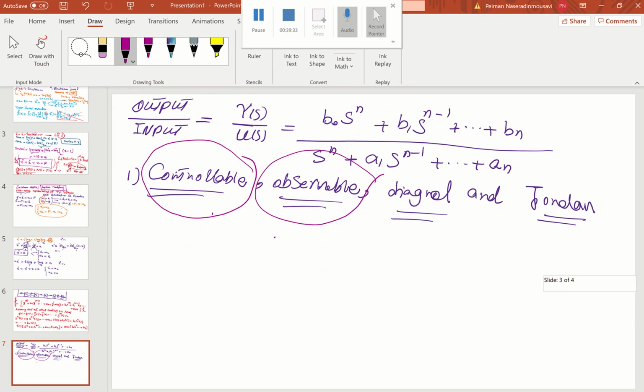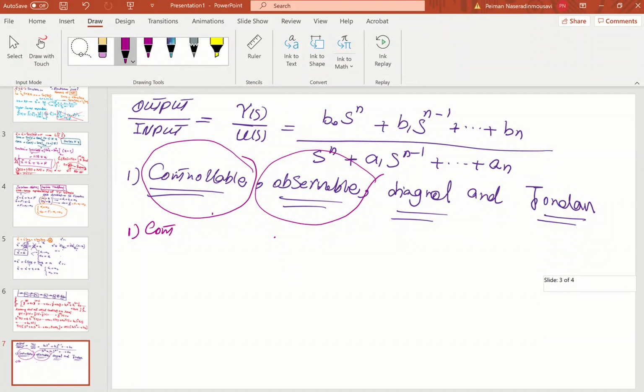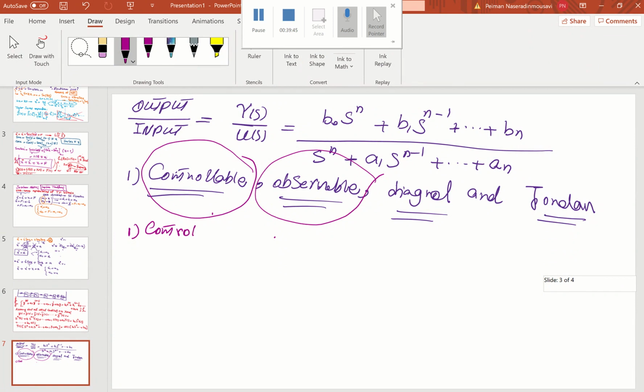Okay, now let me teach you the first one: the controllable state space representation of the transfer function.